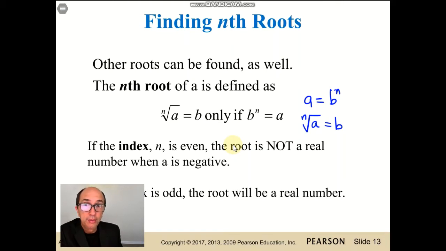You remember the square root, right? You cannot have a square root of a negative number. It's not a real number. And you cannot have an nth root of a negative number if n is an even number.